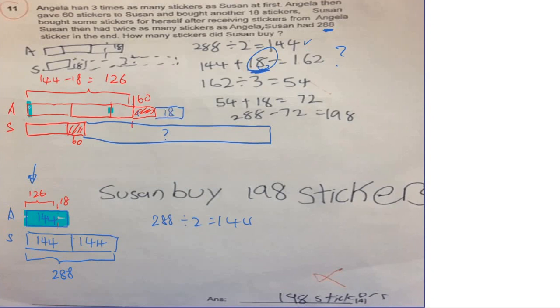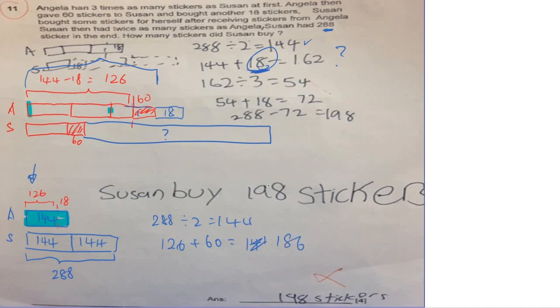So this 3 box here is 126 plus 60, which gives me 186.